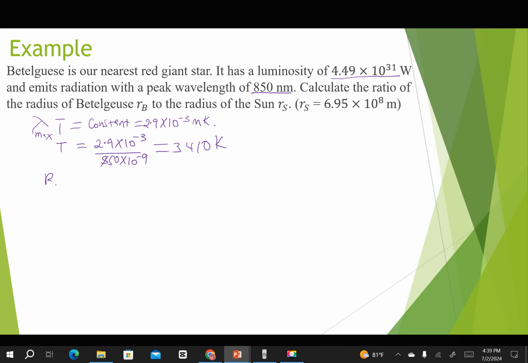And then by Stefan Boltzmann's law, L equals 4 pi r squared sigma times T to the power of 4. I'm going to use this equation for both of them.